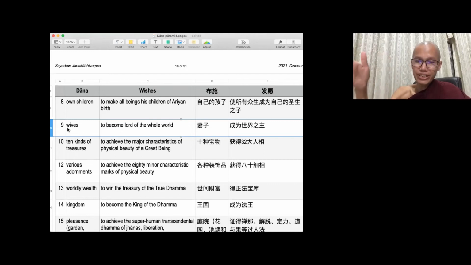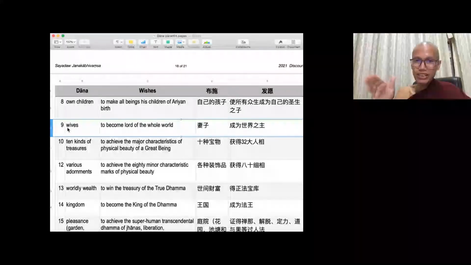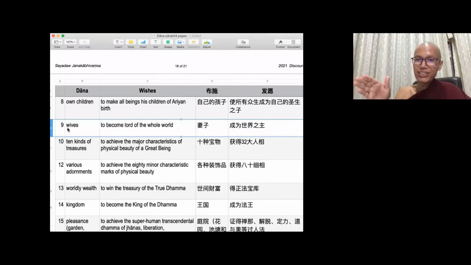But you donate that. Donating that means the receiver is proper to have a wife, and so you donate. So it is making other people own the best.